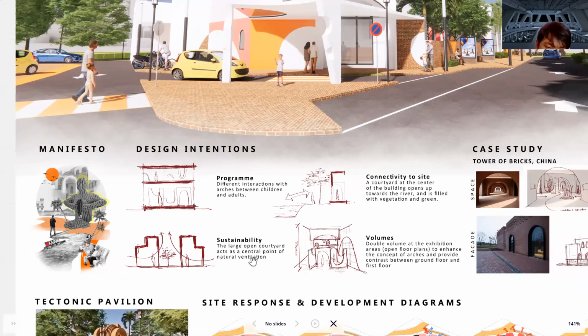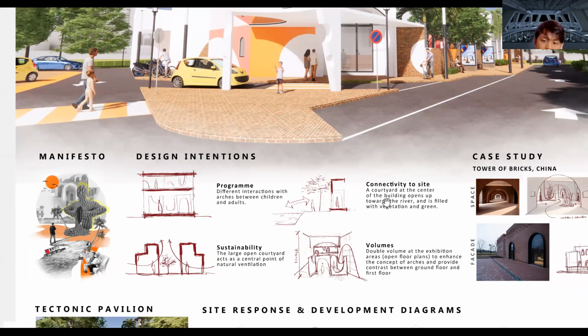For sustainability, the large open courtyard acts as a central point of natural ventilation. For connectivity to the site, a courtyard at the center of the building opens up towards the river and is filled with vegetation and green. And as for the volumes, double volume at the exhibition area, open floor plans to enhance the concept of arches and provide contrast between ground floor and first floor.